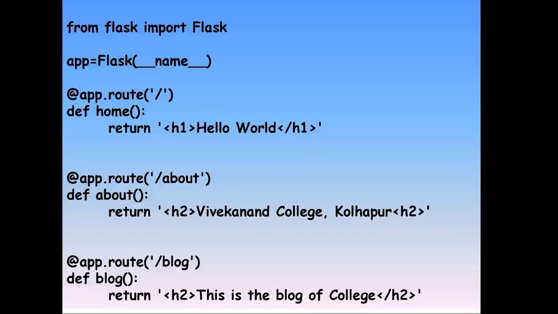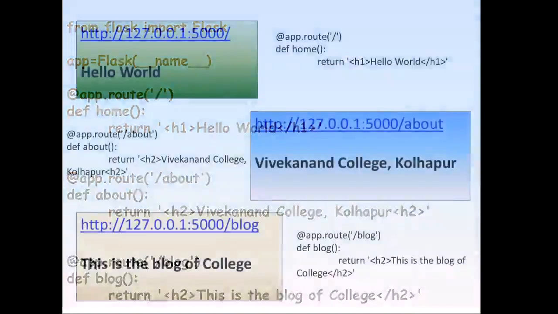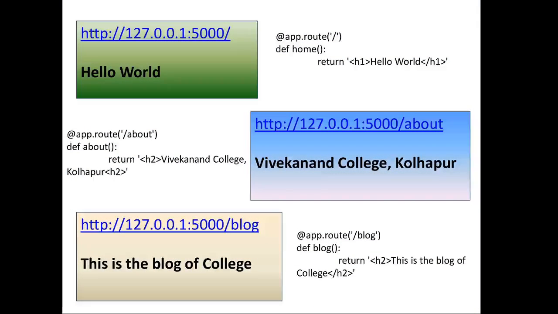Okay, slash, that is home, slash about, this was associated with about function, then slash blog, this is associated with blog function. Then when we run this FLASK application, it gives some URL.